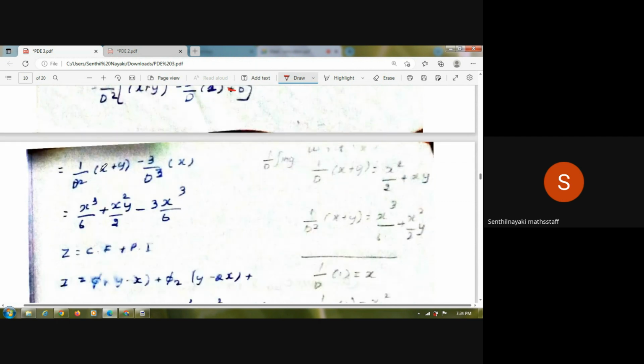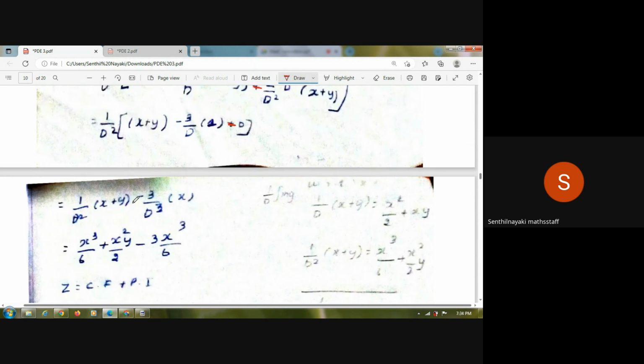So the first term you have to integrate with respect to x 2 times, then x^2 by 2 and x^3 by 6. This is the first term. Similarly, here 1 is there, y is a constant with respect to x.